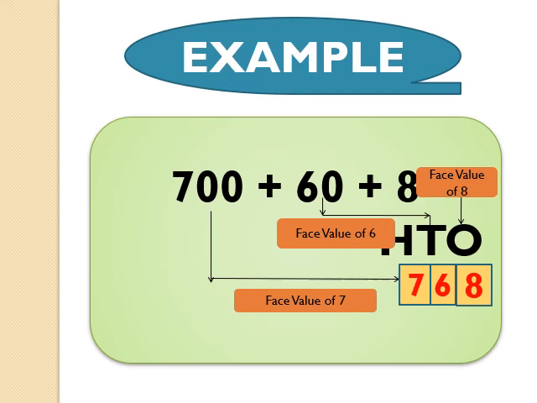Now last, the face value of 8 is 8 only and its place value is 8 ones, so here 8 will come under ones place. So our number which is framed is 768, and this is called the short form of a number. In this way, you can attempt any expansion of a number.